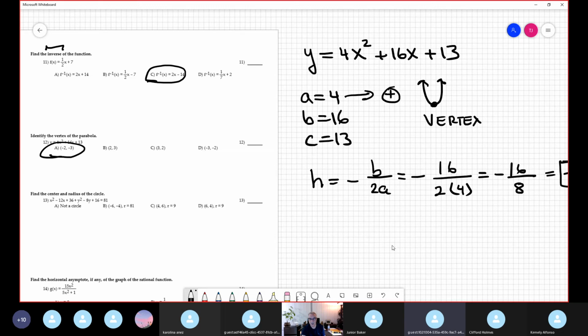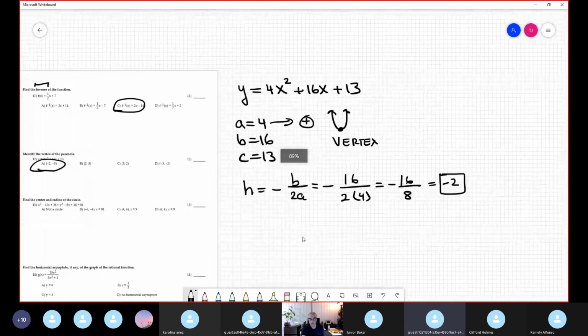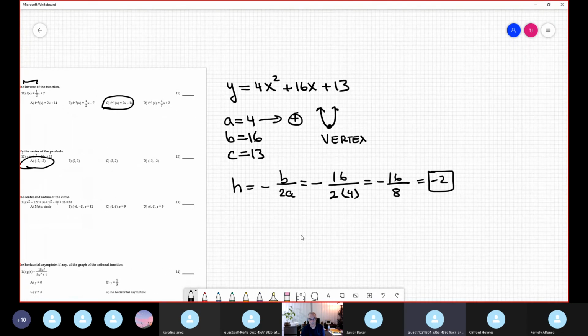But just in case, let's do it quickly. To find the k value, you plug negative 2 into the original equation. k is 4 times negative 2 squared plus 16 times negative 2 plus 13. Negative 2 squared is 4. 4 times 4 is 16. Minus 32 plus 13.